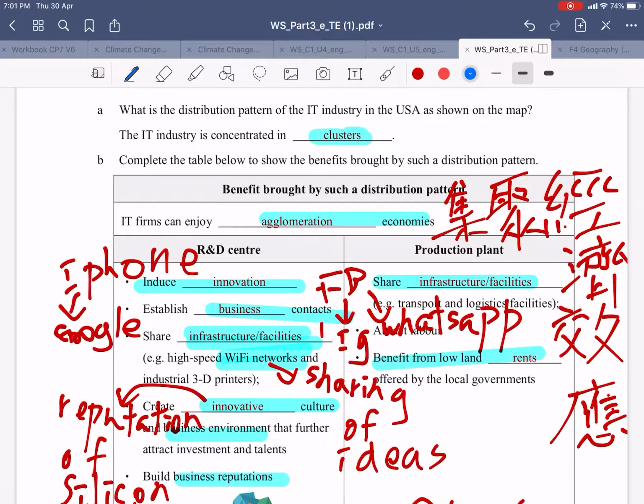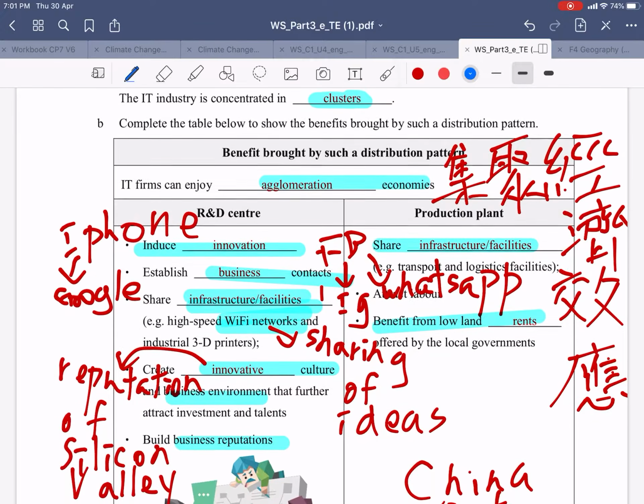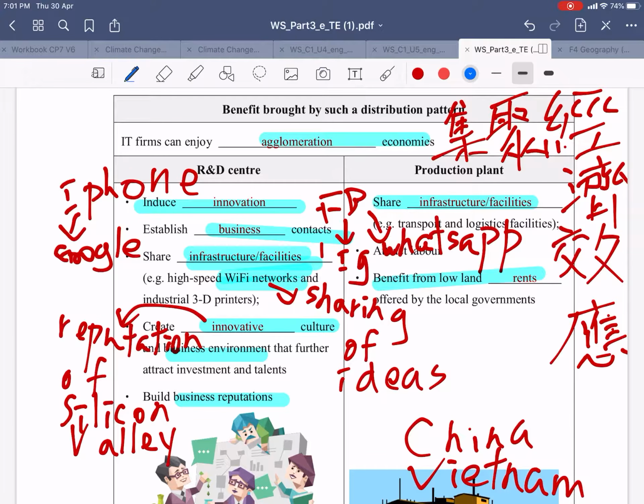As we have said before, why do we have to cluster together? Because we can obtain agglomeration economies. These economies are also more rapid in the IT industry. Why? Because IT is a very specialized industry.